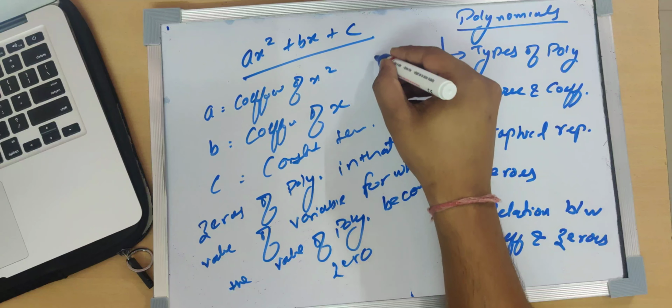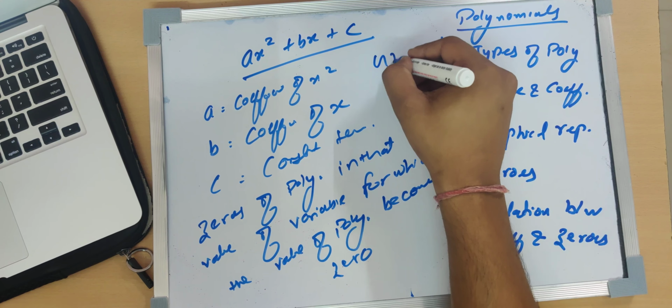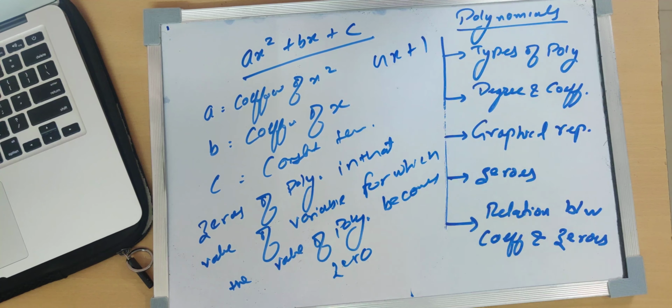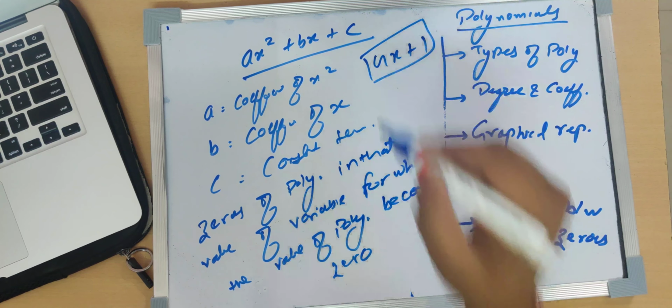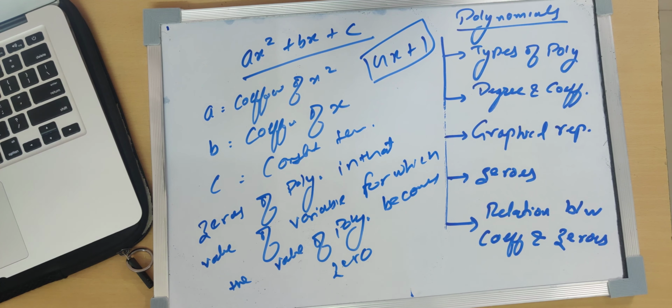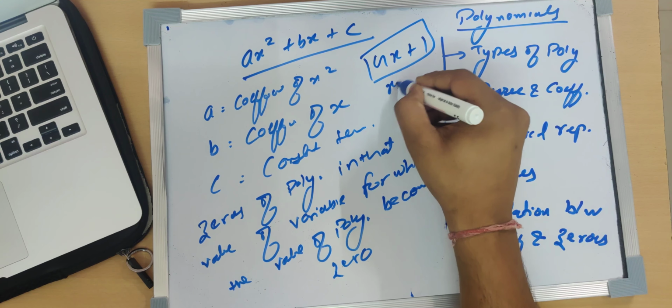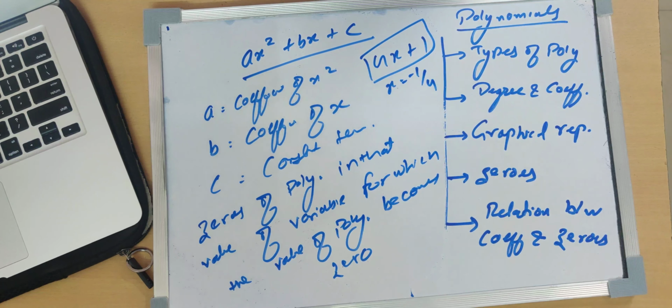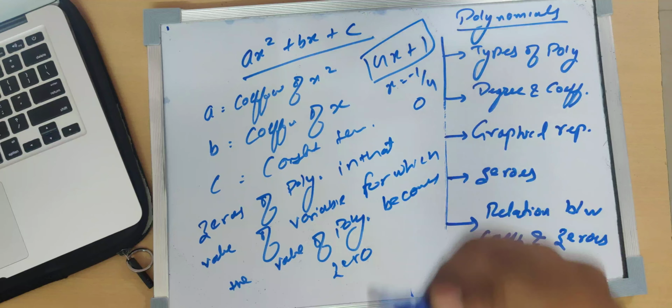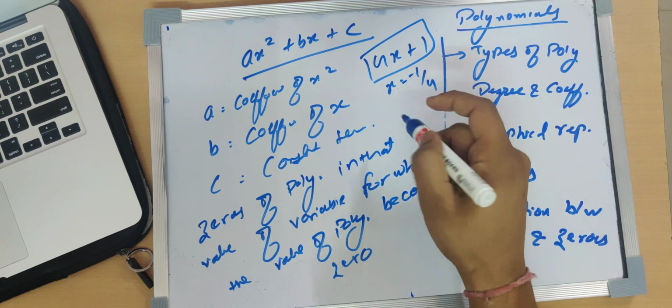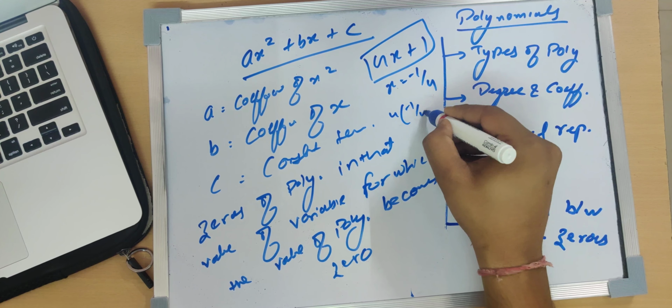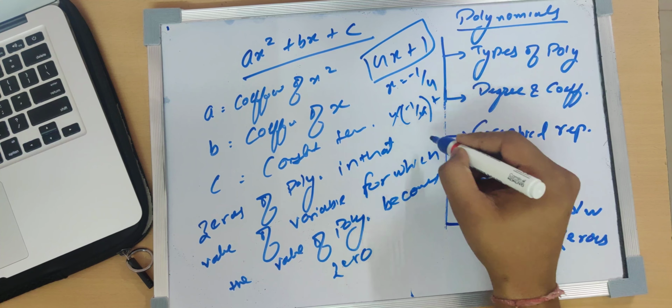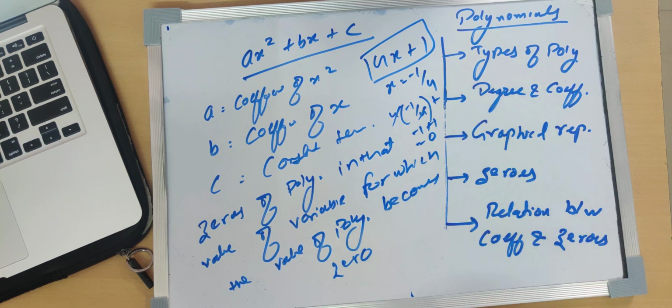Let's suppose we have an example of 4x plus 1, right? Do you have any method to make this 0? Yes, we have. If we put x equals minus 1 by 4, you can pause the video and put the value, you will always get the value of this as 0. How? You will put the value 4 times minus 1 by 4 plus 1. 4 will cancel out, minus 1 plus 1 will be 0.